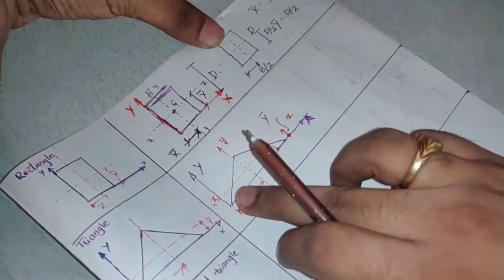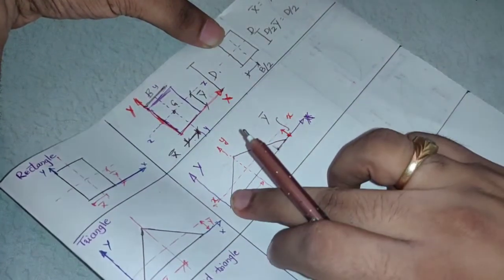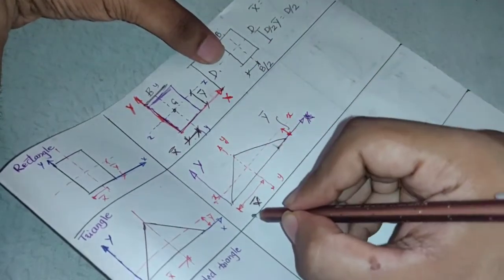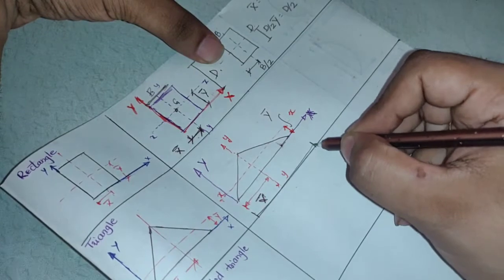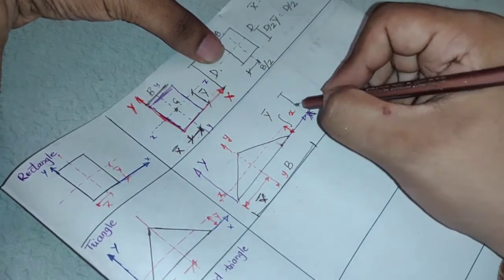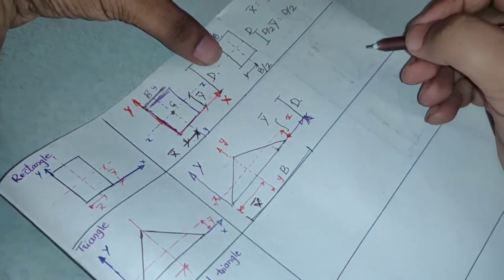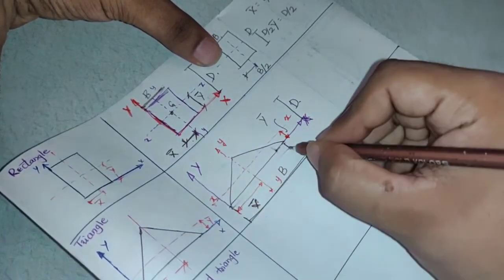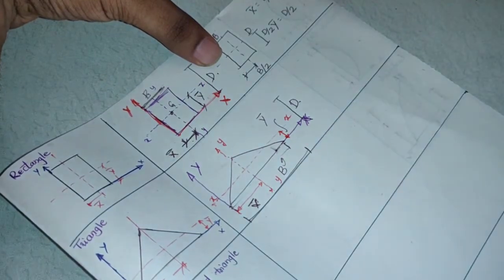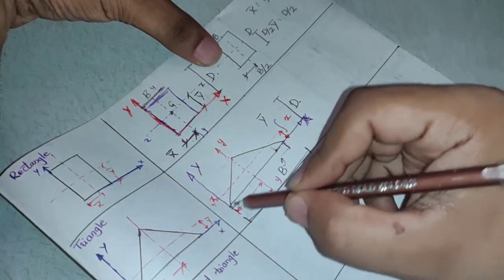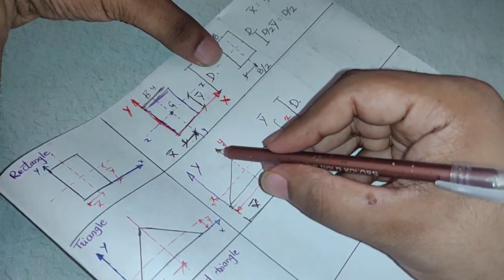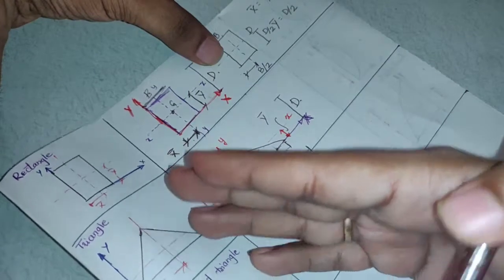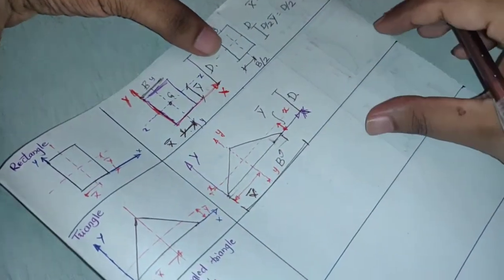That means this is the mirror image of this and this is the mirror image of this. That is how the y-axis is passing. So if I consider this total width from here to here as b and this height as d, these are mirror images, which means if I cut this exactly into half about the y-axis, the area on the left hand side and the area on the right hand side is divided equally.